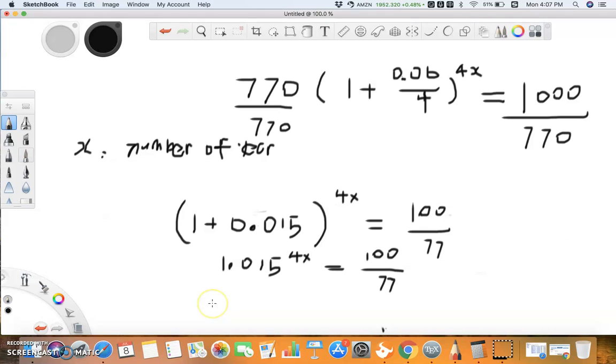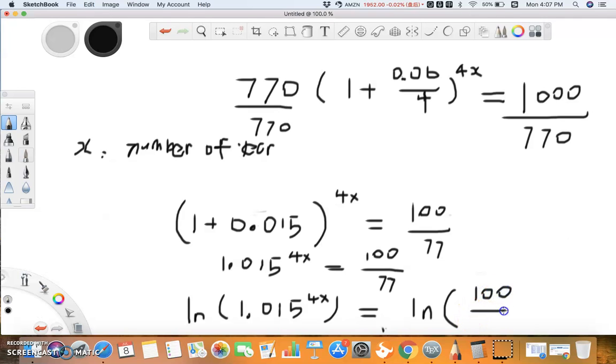Then, if we apply the same techniques we saw before, we apply a natural logarithm. So the natural logarithm of 1.015 to the power 4x equals the natural logarithm of 100 over 77.